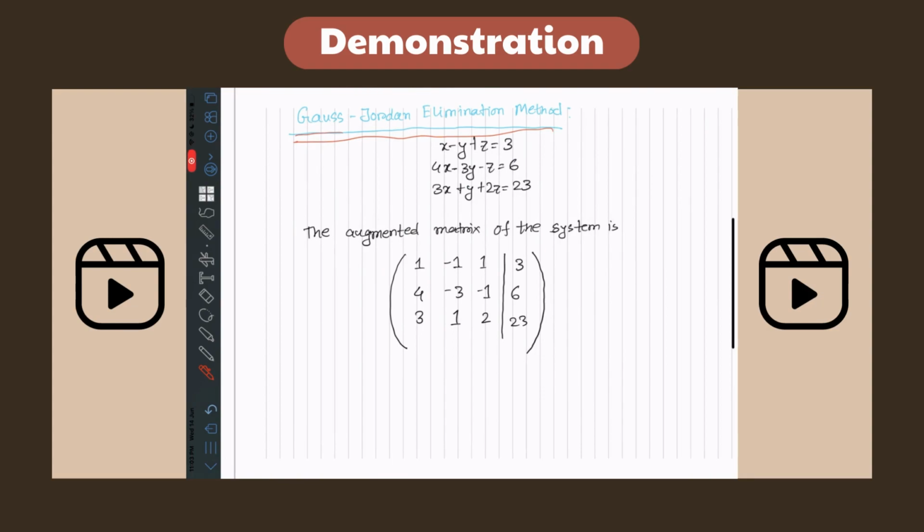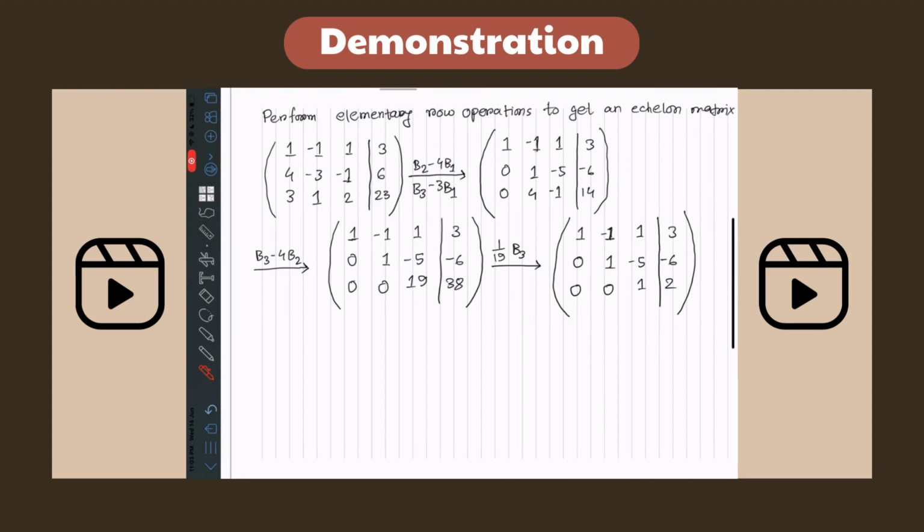So after forming the augmented matrix, we have performed the same ERO as before and achieved the REM form of the augmented matrix.